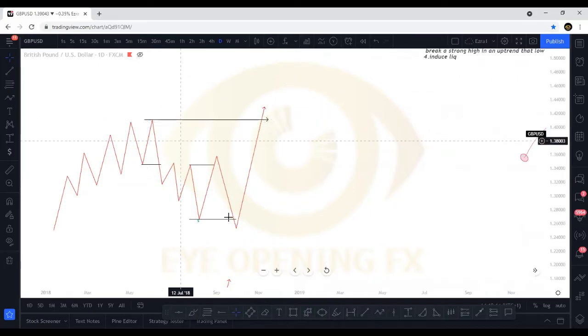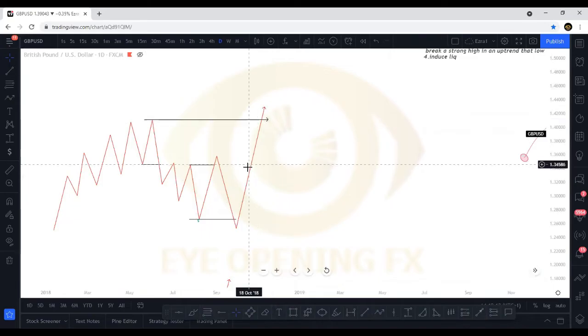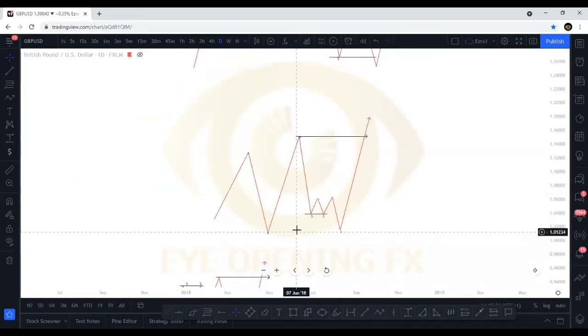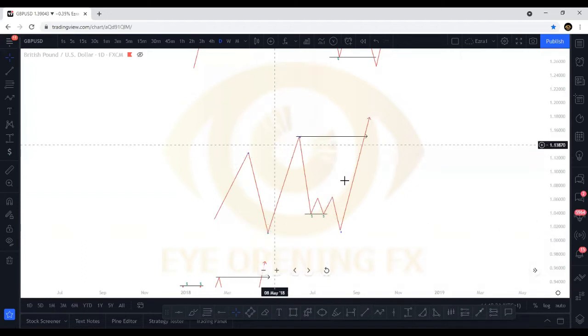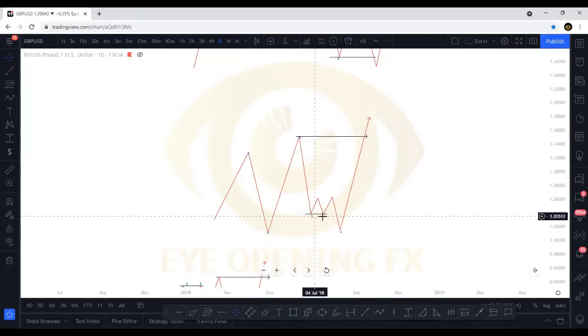This is your structure high, this is your structure low in an uptrend. So you follow structure. Now market is still in uptrend. Market creates a higher high, a higher low, a higher high. Before creating this higher low, it gave a stop hunt.